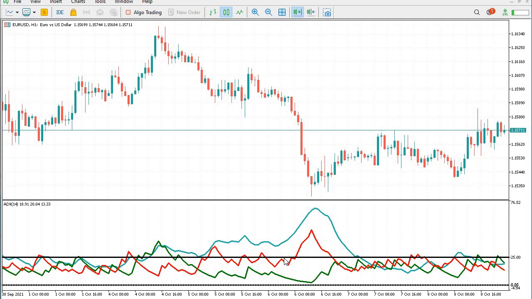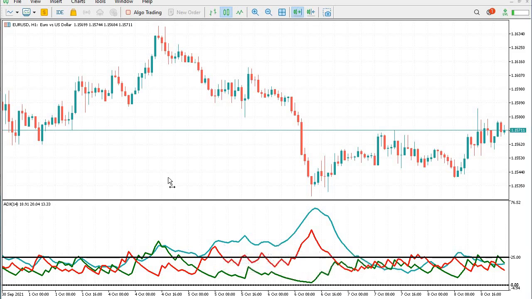So how this indicator works is very simple, as you can see. First thing that you need to look at is this blue line, the light blue line. It's my main line. Then, just like a statistic, this one shows the selling power, this shows the buying power.